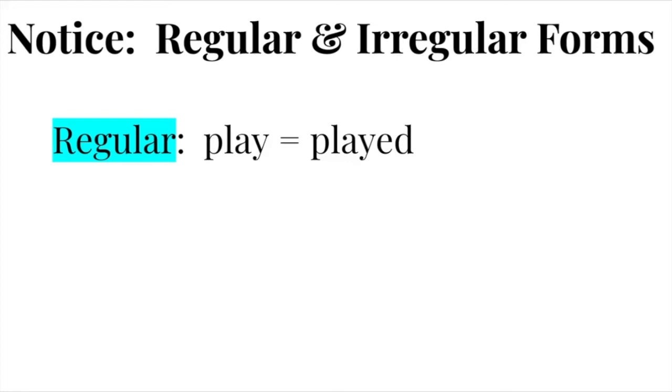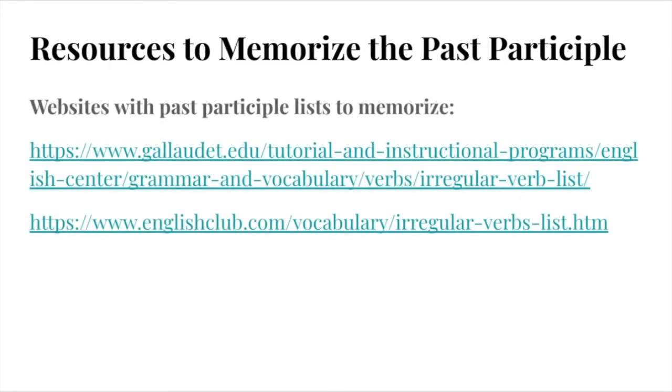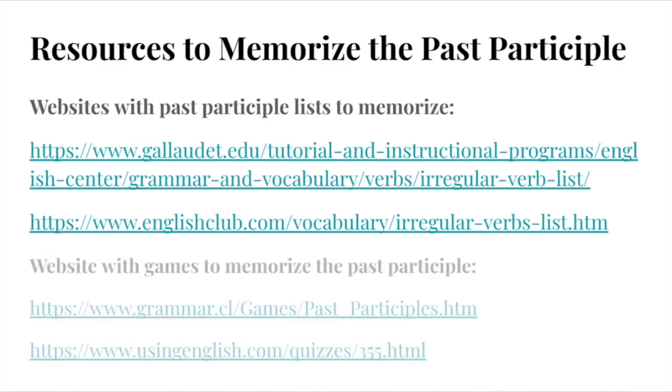The regular is played, irregular is stolen. Here are some resources that you can use to memorize the past participle. I'll put these websites in the description of this video. There's also some games that you can play and quizzes you can take.